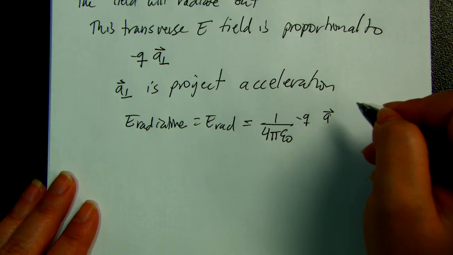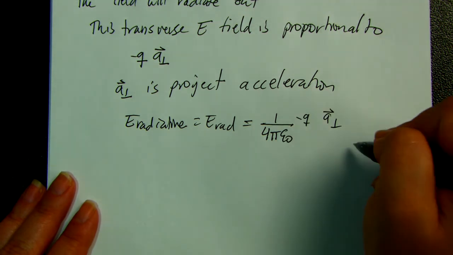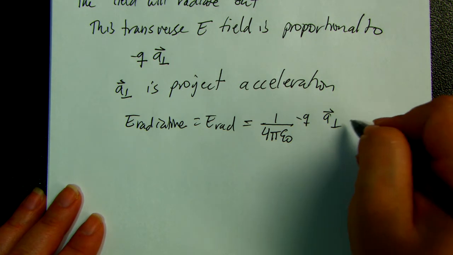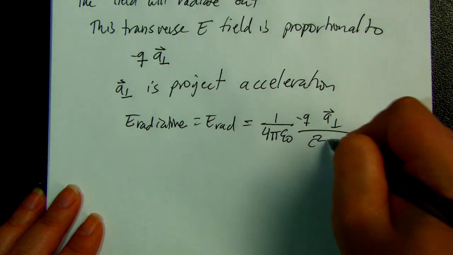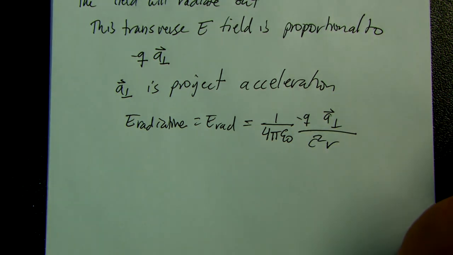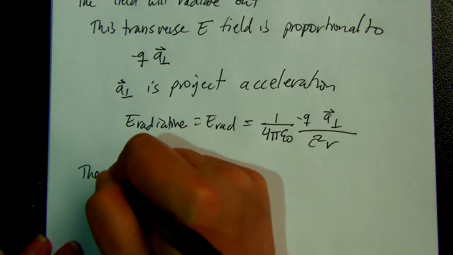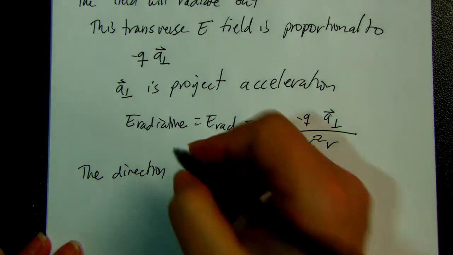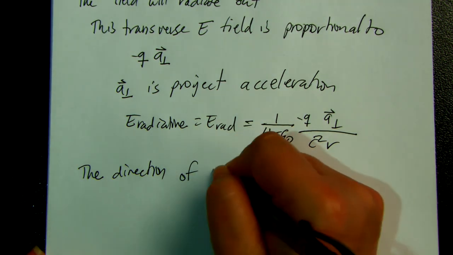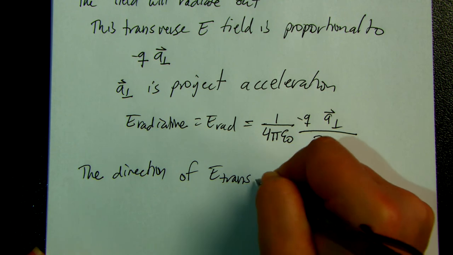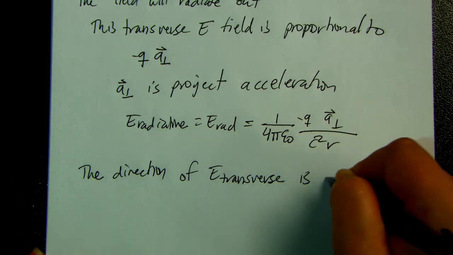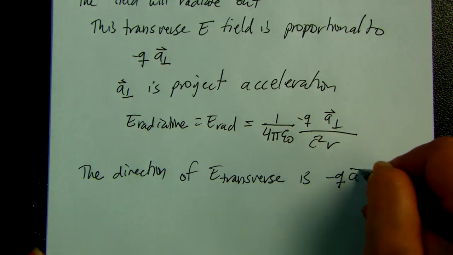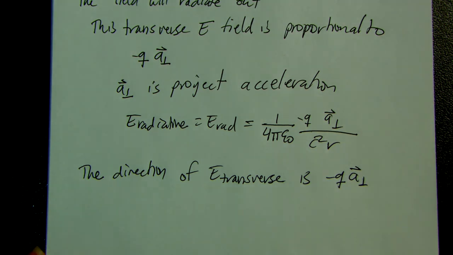All right, so E-rad equals 1/4 pi epsilon naught times minus Q A perpendicular over C squared R. And the direction of E transverse is minus Q A perpendicular.